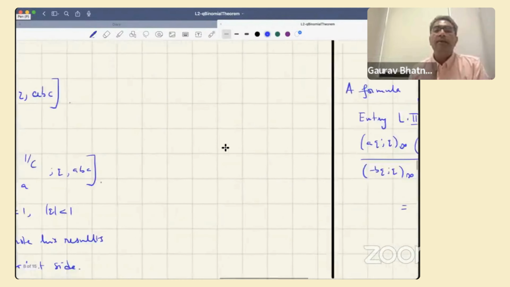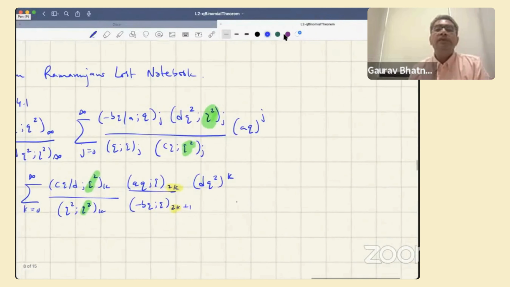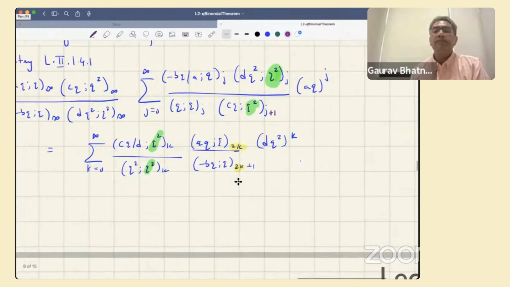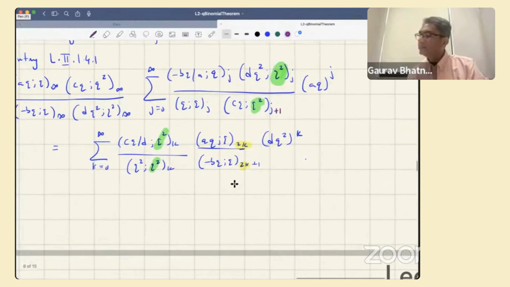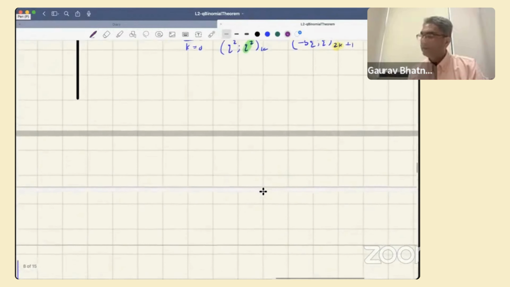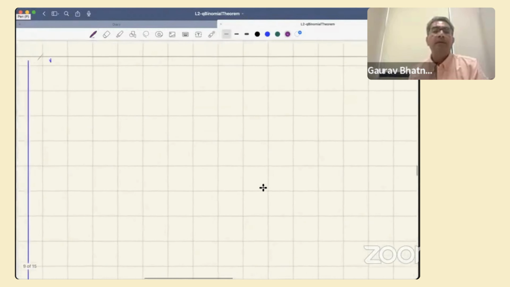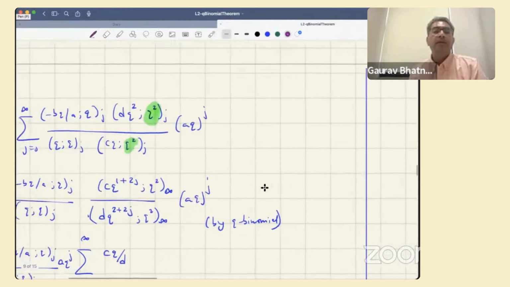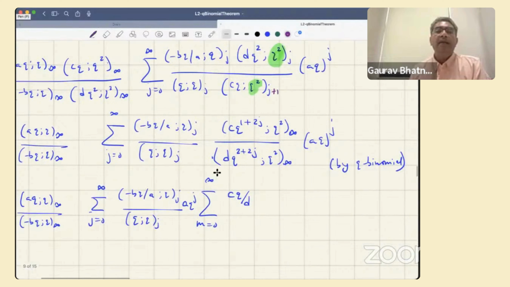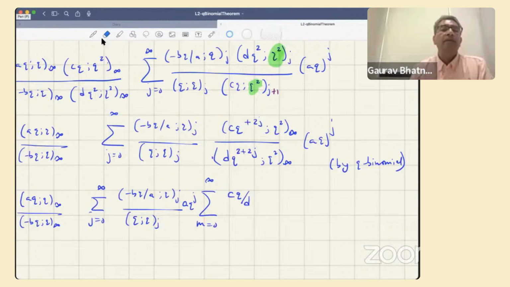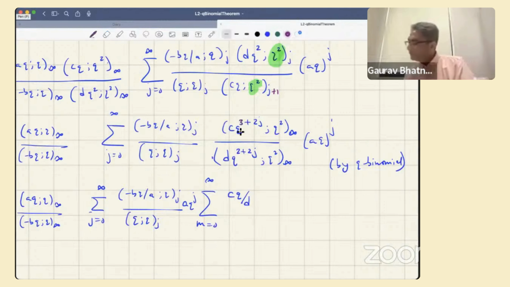Okay, here you go. So sorry about this. Let's go back. I think I copied this wrong. This was j plus 1 over here. And this is 2k plus 1. This is fine. So this is j plus 1. And this should be 3 plus 2j, a q to the j.